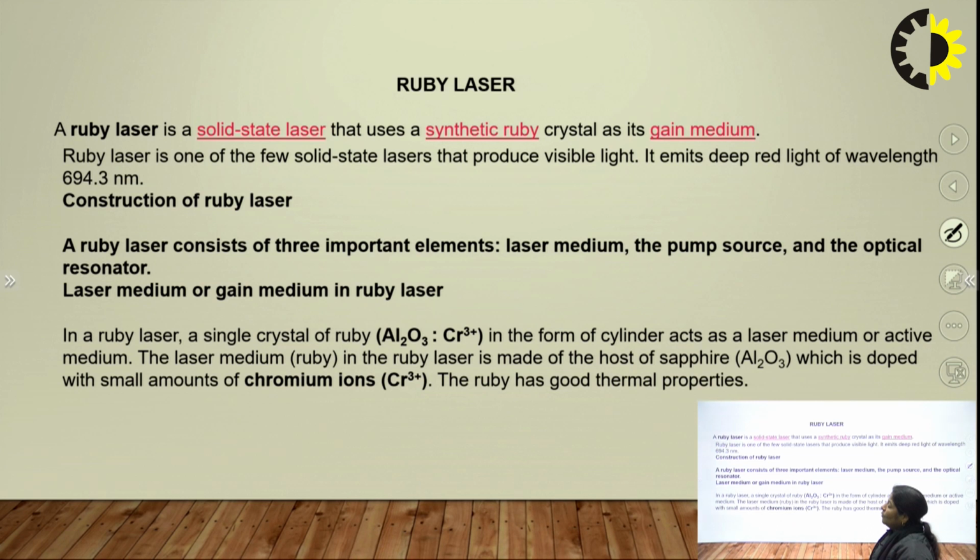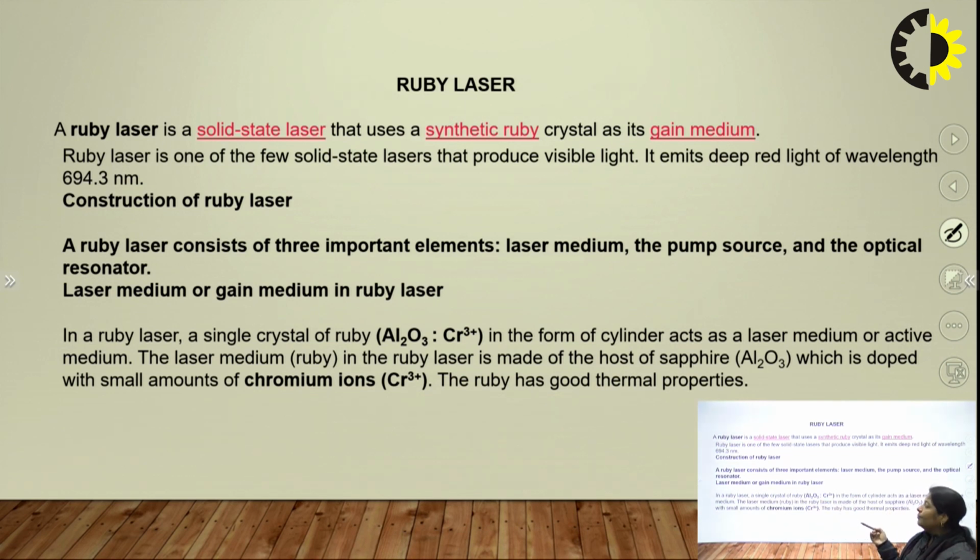Here you can see the laser medium is also known as the gain medium. So what is actually included in this medium? Here we have a single crystal of ruby, comprising aluminium oxide and chromium ions, in the form of a cylinder, and this combination acts as the laser medium or the gain medium.